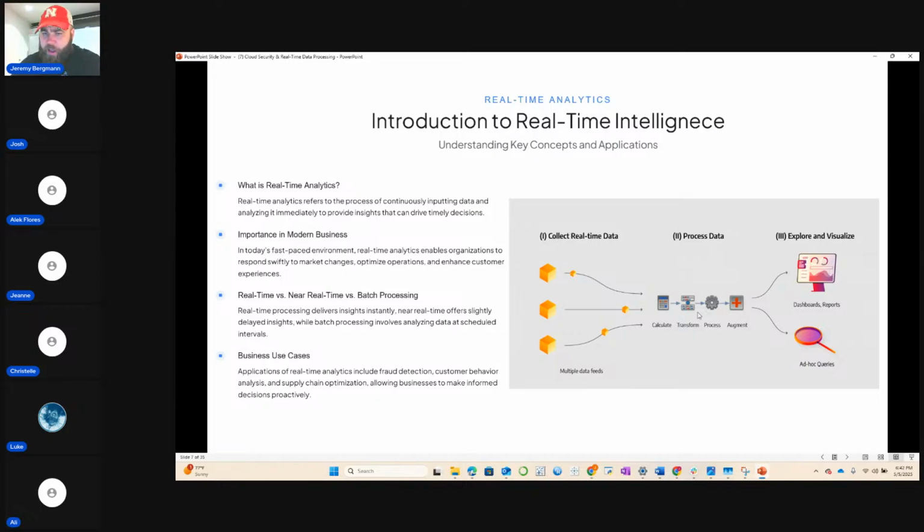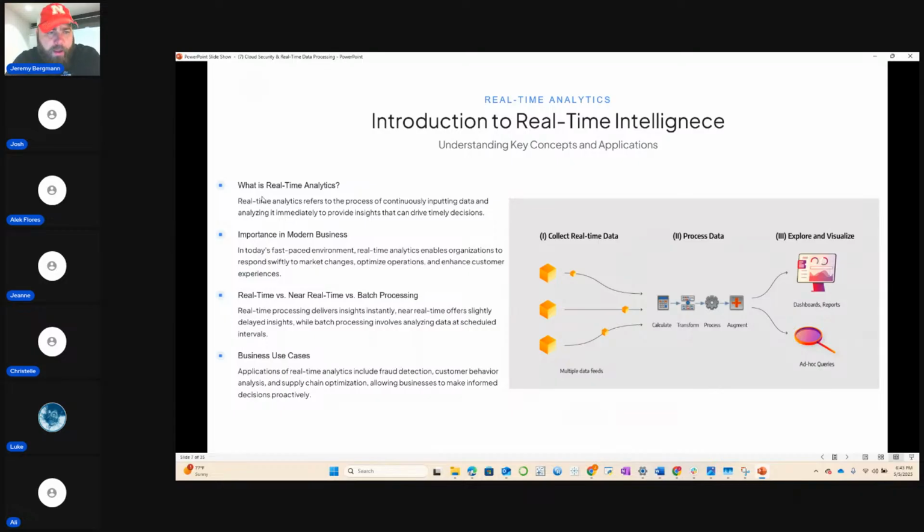You do these things, calculate and transform and process, all within a matter of milliseconds, and then augment the data that you need to turn it into information for visualizations and dashboards and some ad hoc, near real-time ad hoc querying. All right, so real-time analytics describes that. This is generally the pipeline or the process that you would follow for real-time streaming data.